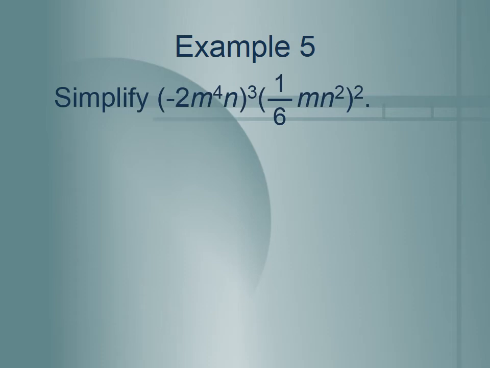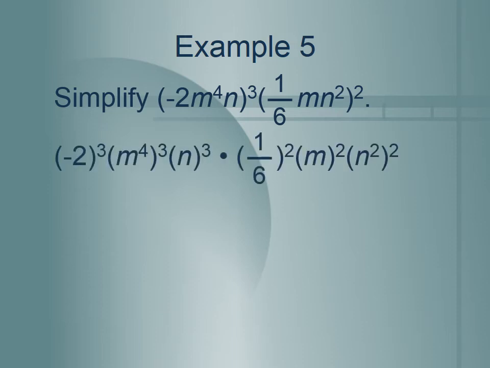Let's say I have (-2 m to the 4th n) and all of that is cubed, and then I have (1/6 m n squared) and that piece is squared. Okay, so first thing I want to do is I want to distribute these powers. So here's this 3. That means -2 is going to get to the power of 3, so -2 cubed.